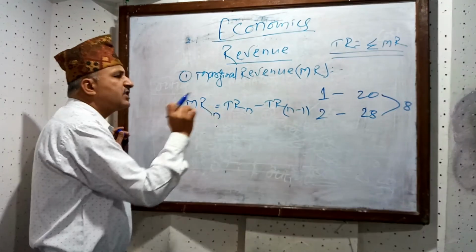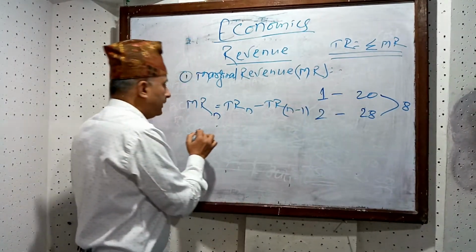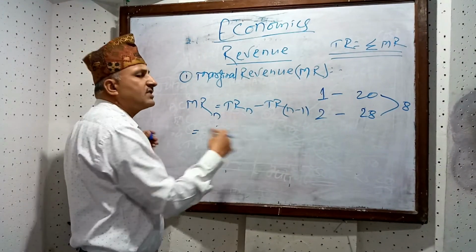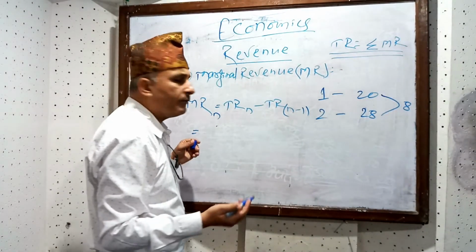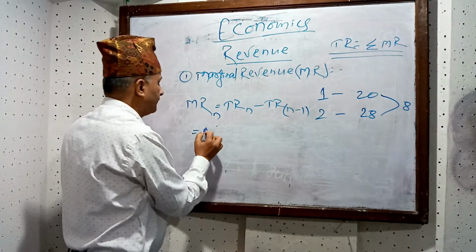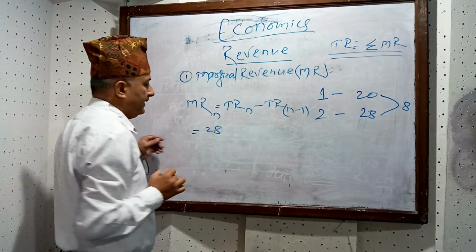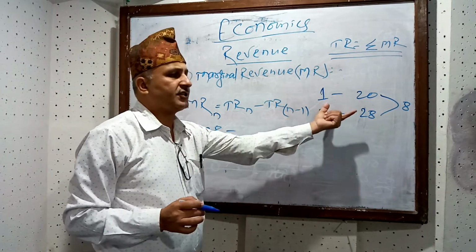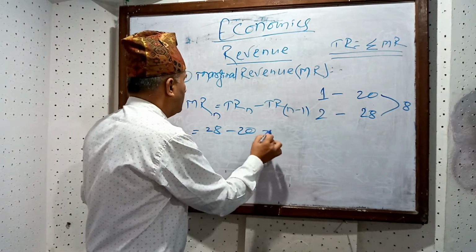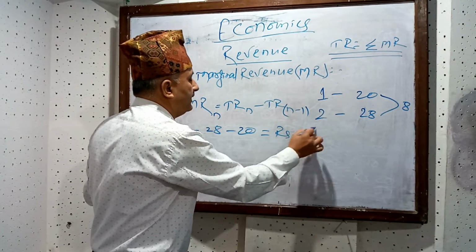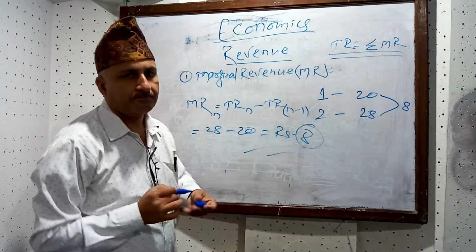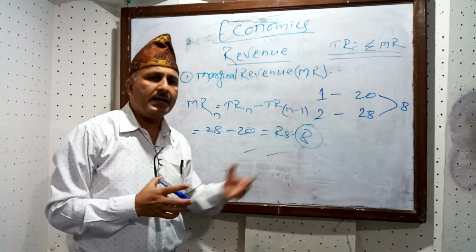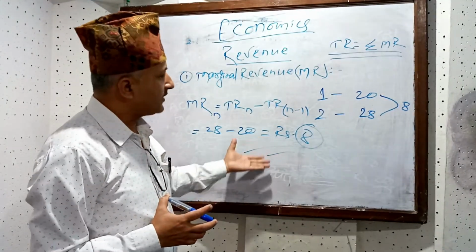Now let's apply this formula in this example also. Total revenue of the nth unit, means the last unit, is 28. Minus total revenue of the (n minus 1)th unit, means the second last unit, 20, is equal to 8 rupees. This is the answer. In this way, we can calculate marginal revenue.